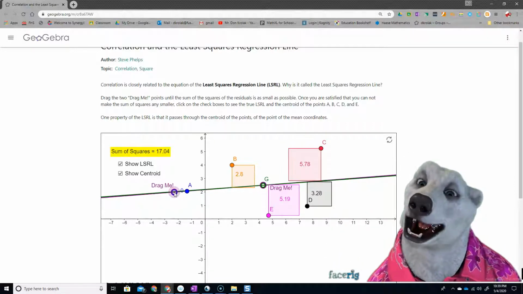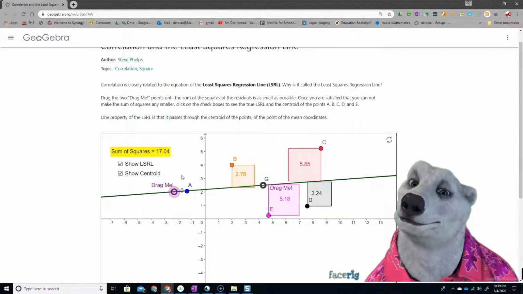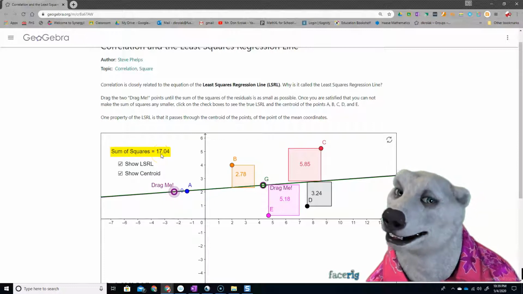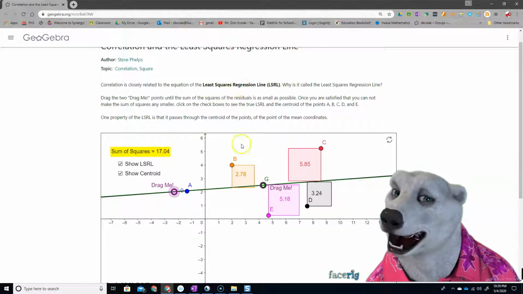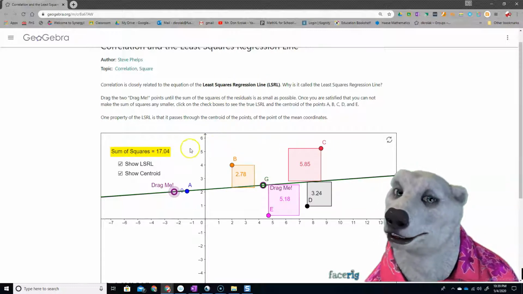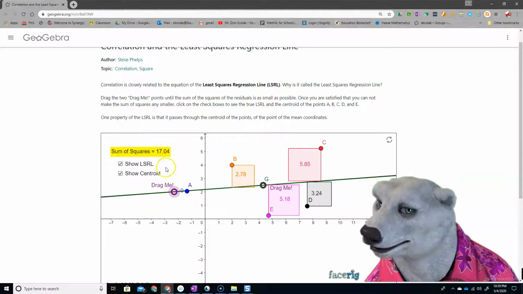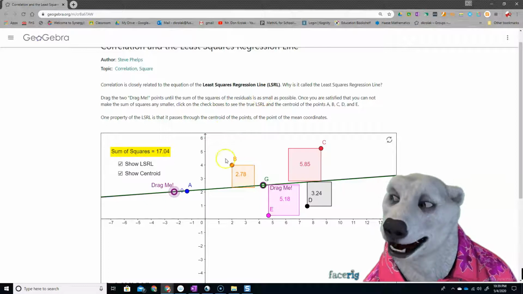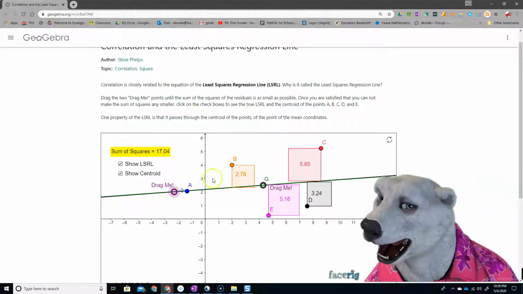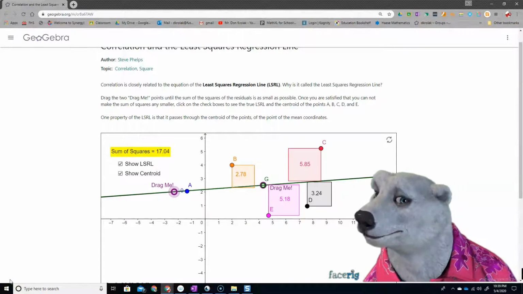All right, so notice if I put it right there, it minimizes the sum of these squares. So that's what the least squares regression line is doing. So when you're doing this on Desmos or on a calculator, inside that calculator, this is what's going on. All right, let's go back to our notes here.